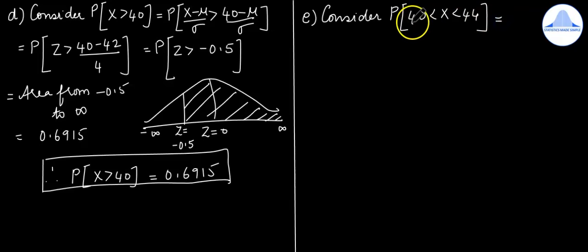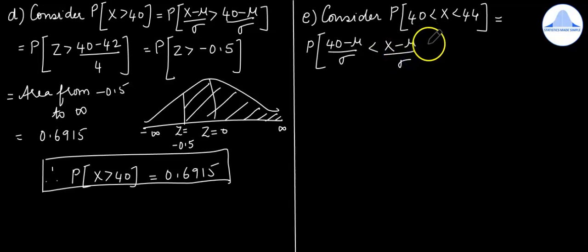So this is equal to, from all these three terms you should subtract mu and divide by sigma, that is, you have to standardize. So probability of 40 minus mu divided by sigma less than x minus mu divided by sigma less than 44 minus mu divided by sigma.